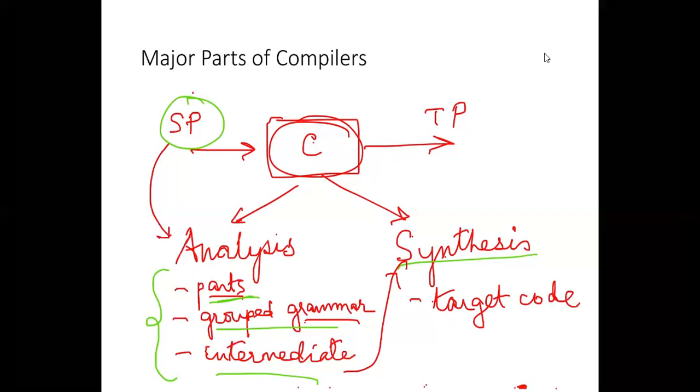So whether it is some other programming language or some other intermediate language or some machine language, the synthesis part will do the conversion into the desired target program. So this is the analysis and the synthesis. That is the two-part process that takes place inside the compiler.